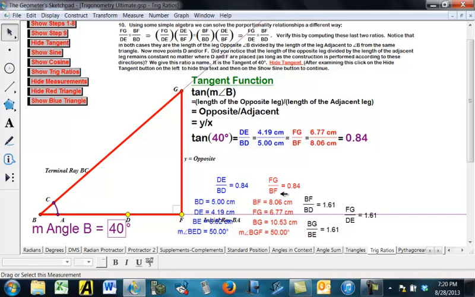So let's go ahead and try this with our calculators. If you pull this up with your calculator, you can try this yourself. Take FG, which is 6.77 at the moment, divide by 8.06, that should round off to 0.84.